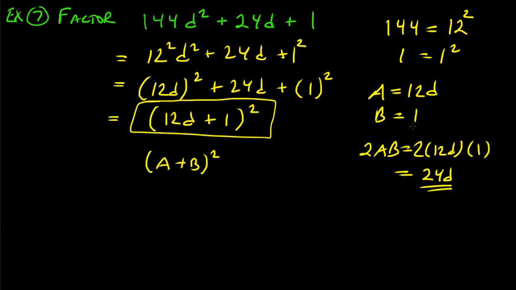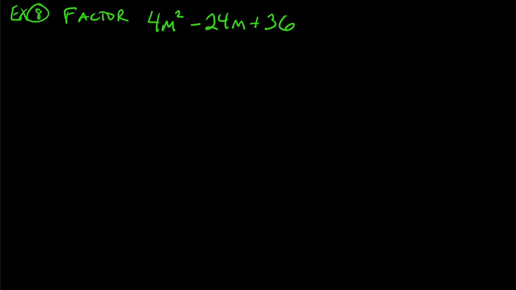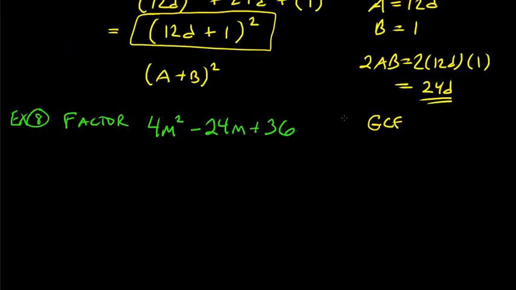Okay, try another one. Factor 4m squared minus 24m plus 36. So what do we remember about factoring? The first thing you should always look for is the GCF. Now, why didn't I even mention GCF at all?